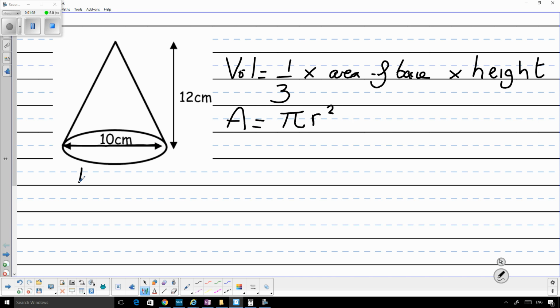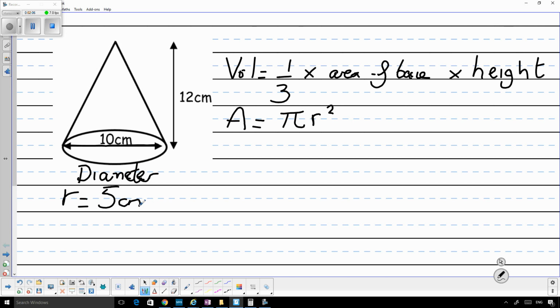Now, as we know, that's the diameter, and the relationship between the diameter and the radius is that the diameter is twice the radius. So the radius must be half the diameter, and half of 10 is of course 5 centimeters.